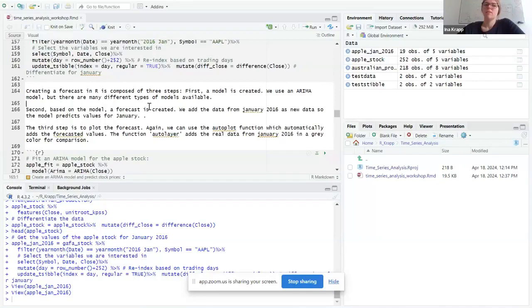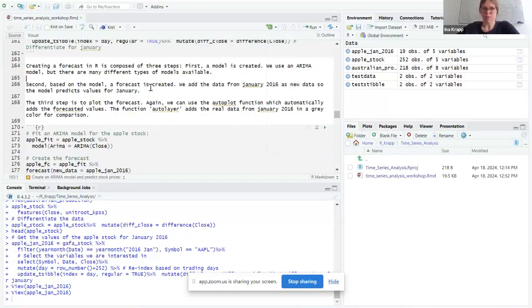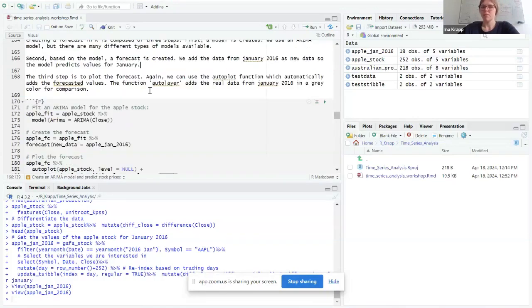Now, to fit an ARIMA model and to create a forecast, there are always 3 steps involved in R. And I think it's very important for anyone who wants to use forecasting in R to understand these 3 steps. Each of them is very simple, but one has to make sure that they are executed correctly.